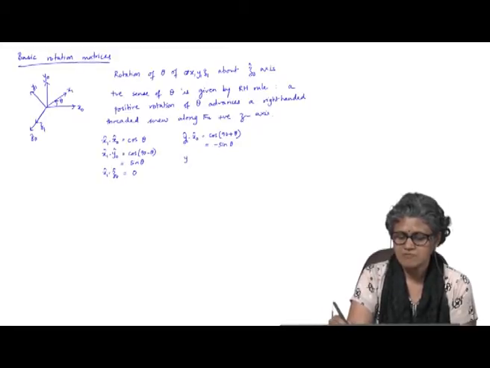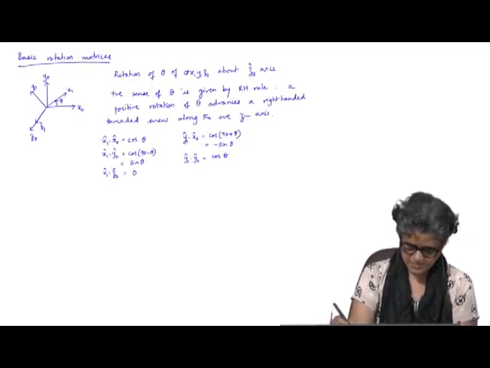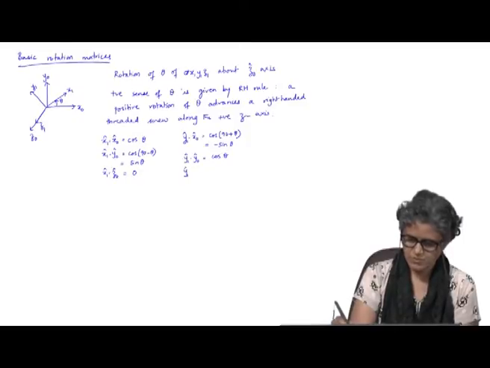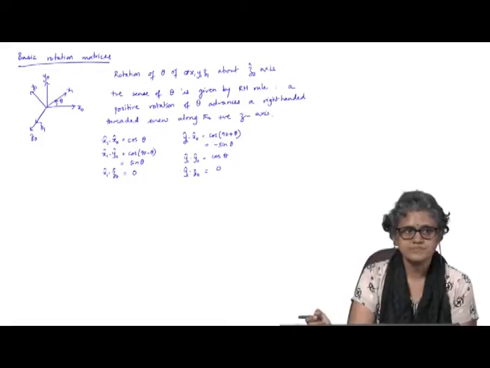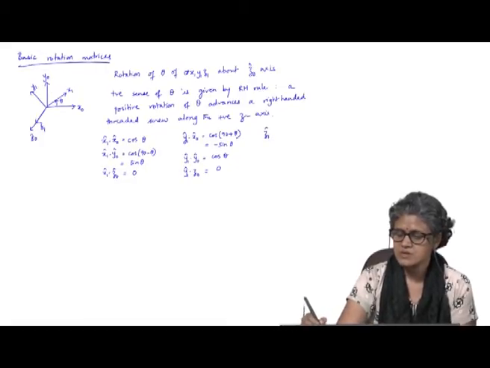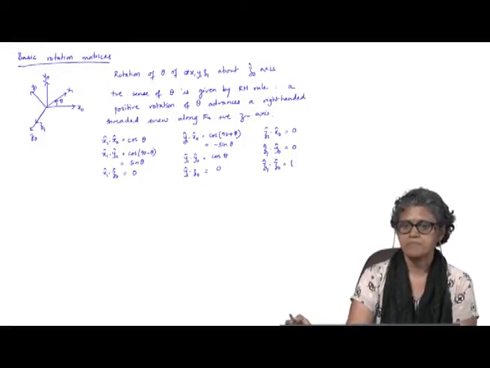Then you have y1 dot y naught, cos theta, y1 dot z naught equal to 0. z1 dot x naught is 0, z1 dot z naught is 1.